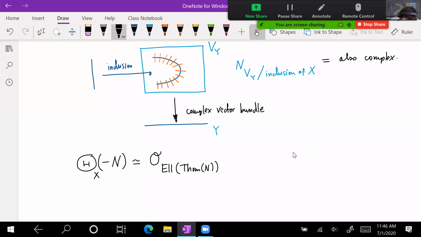And then we have the elliptic homology of the Thom space of V, and that is isomorphic to, by the same token, O over Y of V.